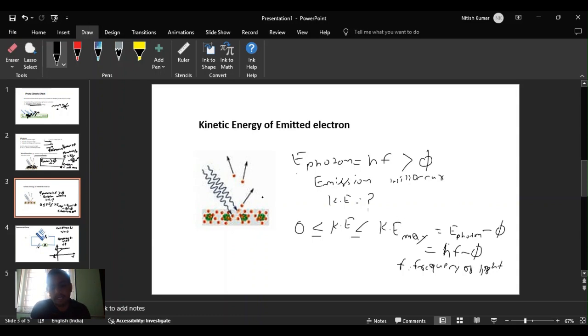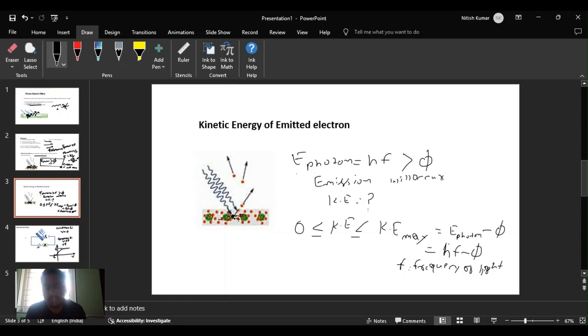So why is it in a range? Because there are many electrons here. The photon is hitting this electron, and before coming out, it can collide with another electron, even many times, and it can lose its energy due to collisions.